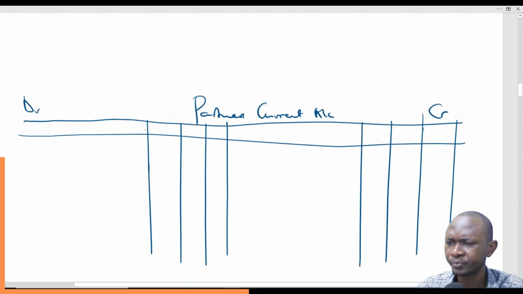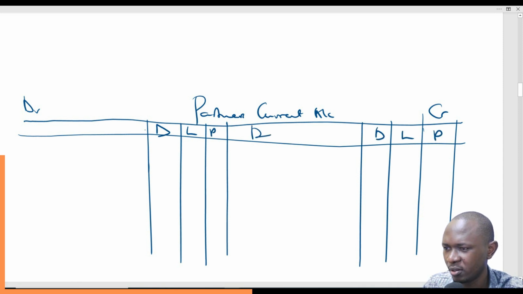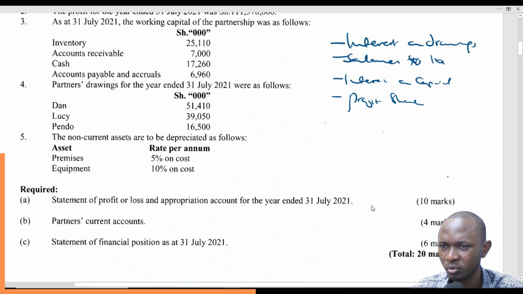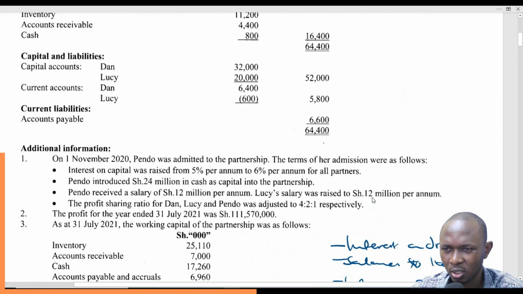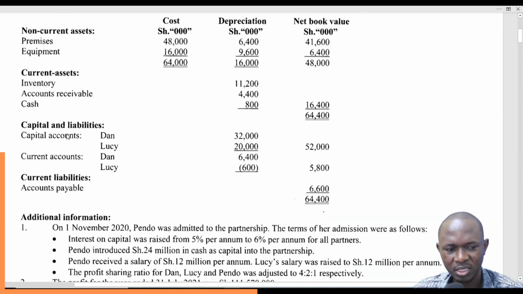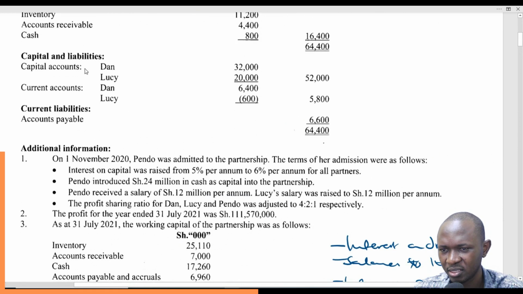and of course we'll now have the DLC. This is Dan, Lucy and Pendo. And then of course here we have the details, and here also we have the details. So we'll be working together the two books. Because we are interested in the current accounts, we'll just pick the balances as they are. Current accounts, Dan 6,400, Lucy 600.